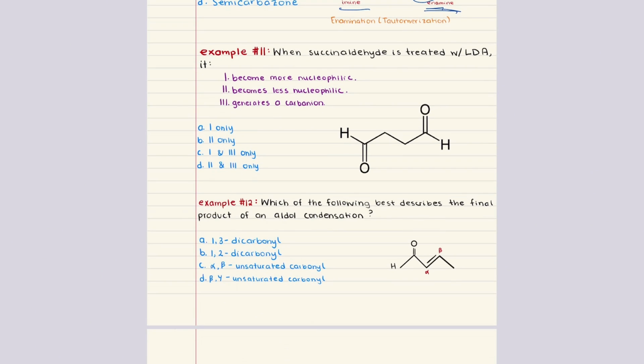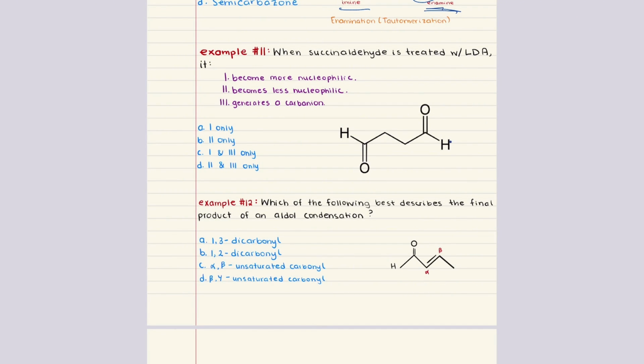Problem 11 says, when succinaldehyde is treated with LDA, it blank. LDA is a strong, non-nucleophilic base that's commonly used to generate enolates by removing an acidic alpha hydrogen from carbonyl-containing compounds.